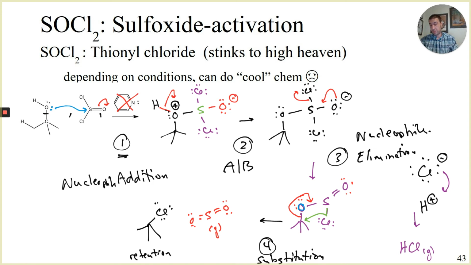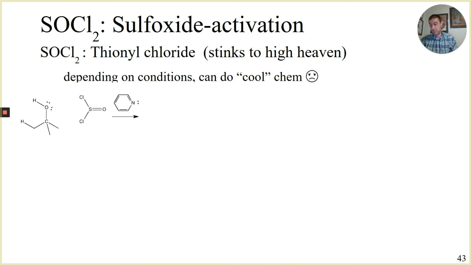And so with all of that, remember, one of the things we started with is that we ignore the presence of pyridine. Okay, well, what happens with pyridine? Pyridine as a solvent is also a nucleophile. And that pyridine can react with our thionyl chloride first, giving us a free chloride. Okay?